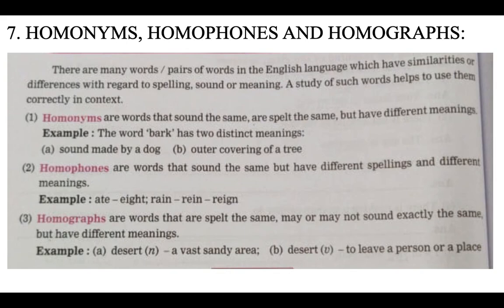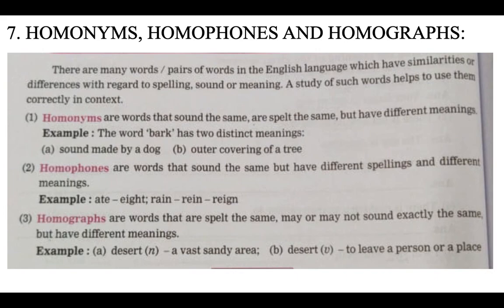Next we come to homographs. Homographs are words that are spelt the same and they may or may not have the exact same sound, and obviously they have different meanings. Many times they may not sound the same, and they also have very different meanings.